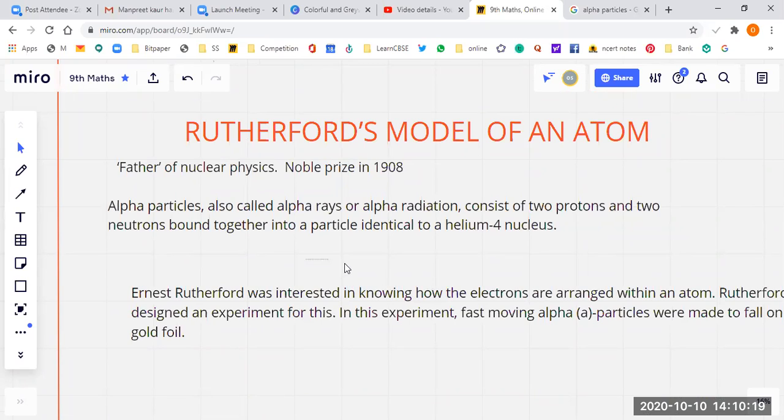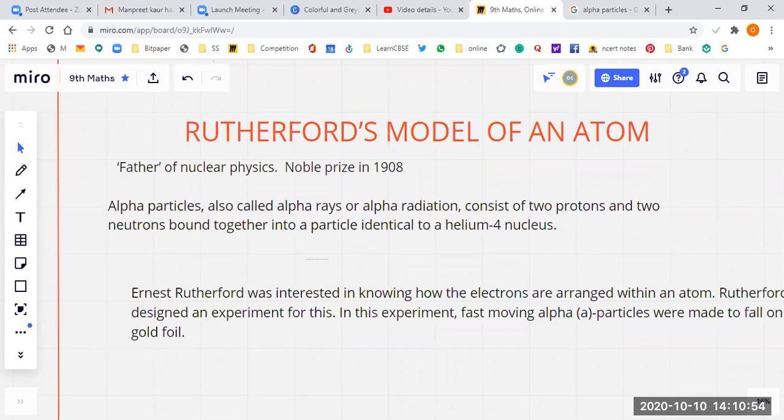Dalton had proposed that the atom is indivisible and indestructible, that it cannot be broken into smaller parts. But the discovery of the proton and electron proved that postulate of Dalton wrong. So we came to know that the atom has subparticles. But now the question was how those particles are arranged.